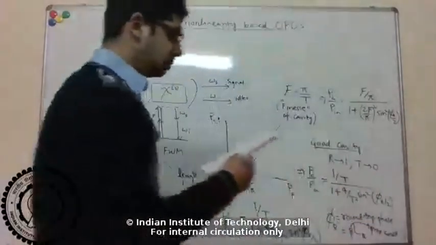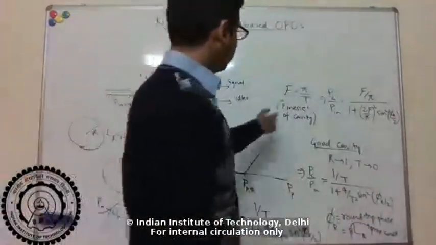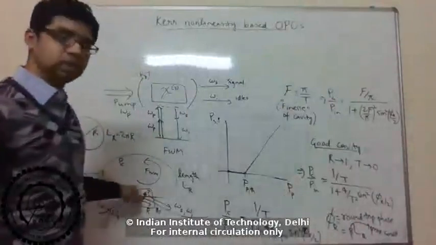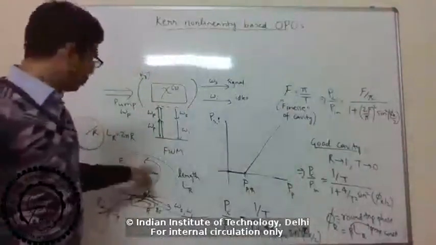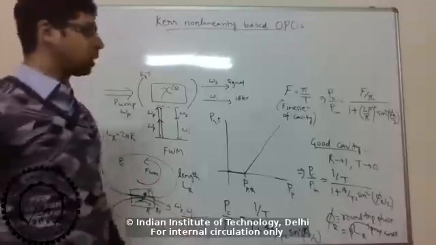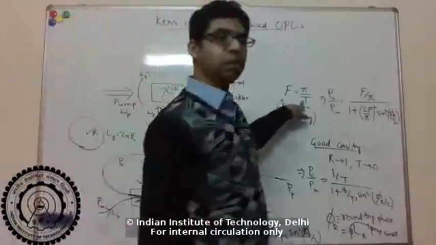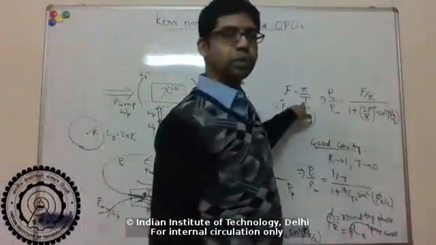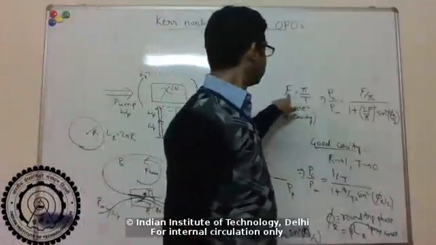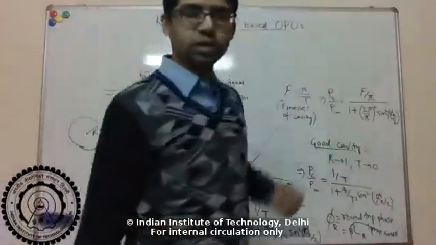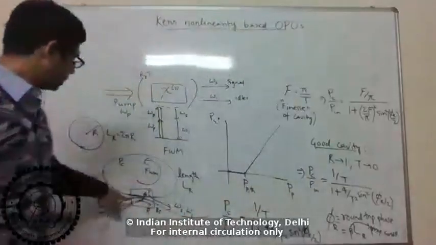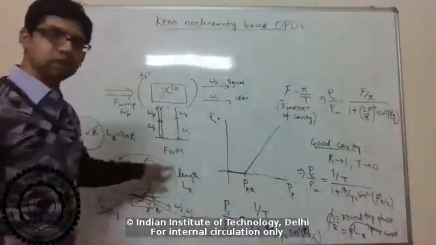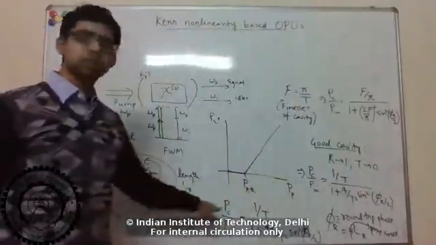Okay, and this finesse is basically roughly the number of round trips that a photon takes in the cavity before it leaks out. You can see that T is a very small number, right? So let's say T is like 0.01 or something. So the finesse would then be of the order of 100. That means that a photon makes hundreds of round trips before leaking out.